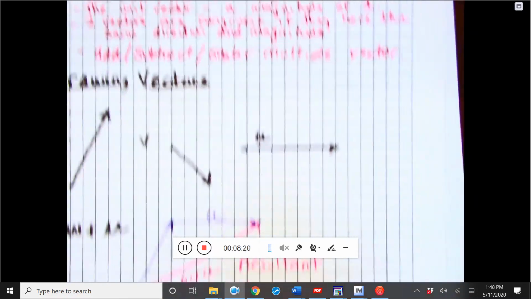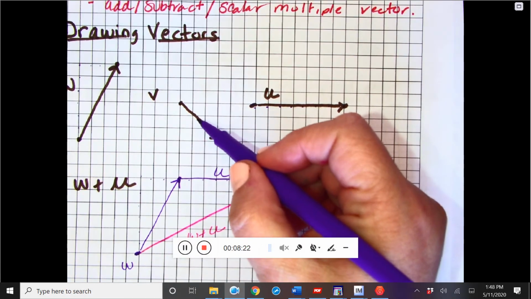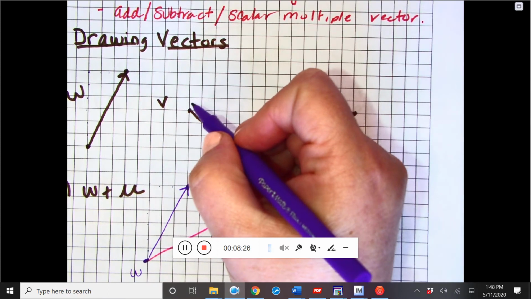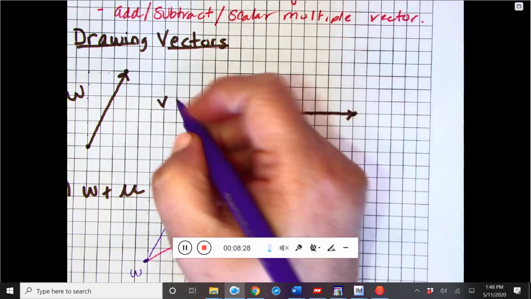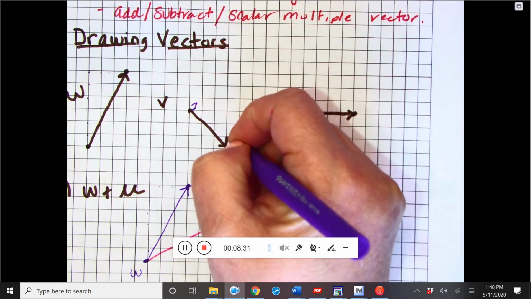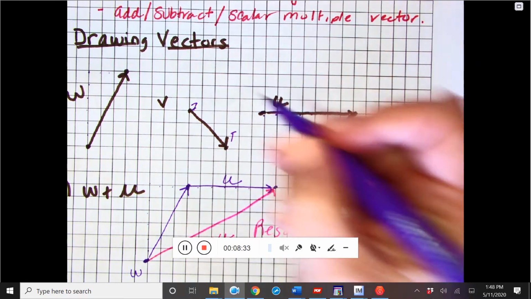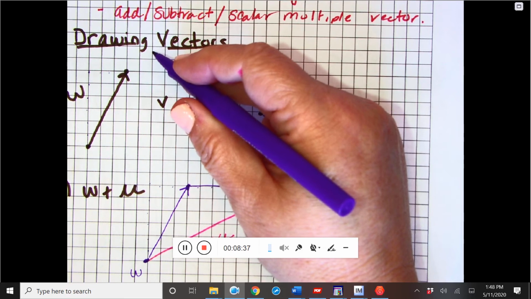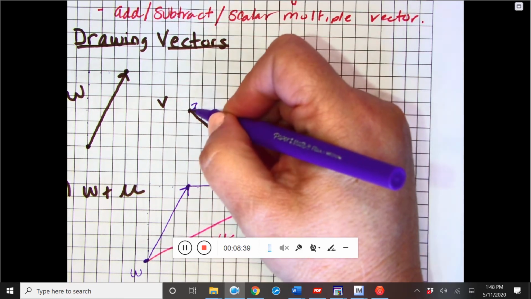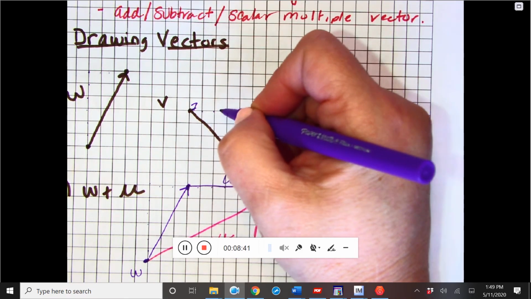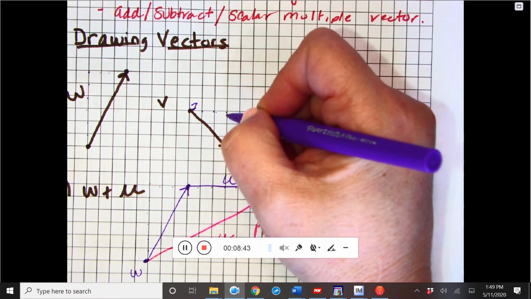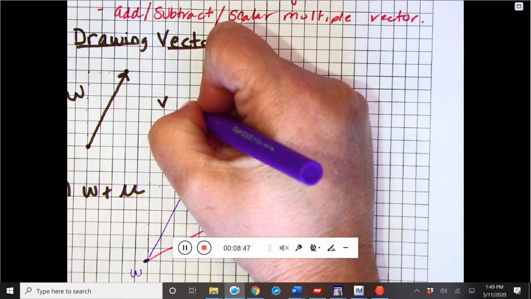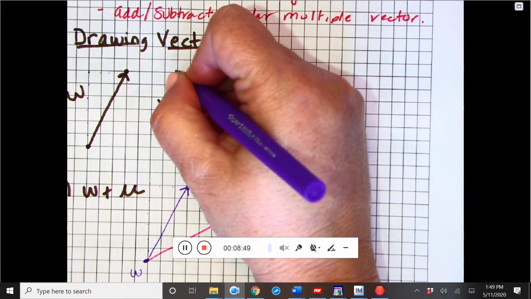Here's what vector v looked like. The opposite of vector v goes in the exact opposite direction. So this goes over 3 and down 3. Negative v would go 3 in the opposite direction, 3 the other way.